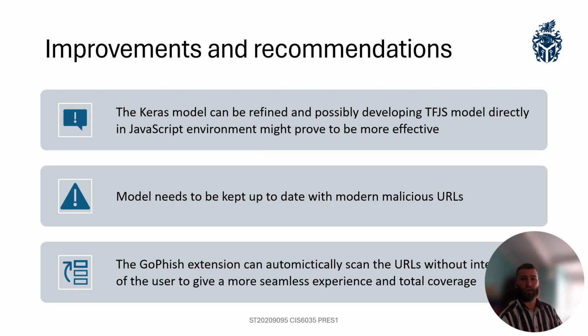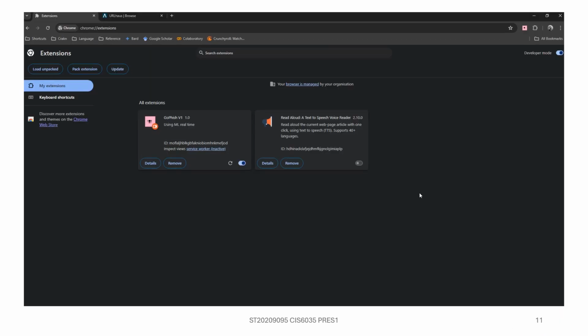So now we're going to go on to just a quick demonstration of how the actual Chrome extension works in the user's browser. As you can see here, we have the extension itself unpacked and deployed in the Chrome extension tab. It's added on the shortcut so you can quickly access it.